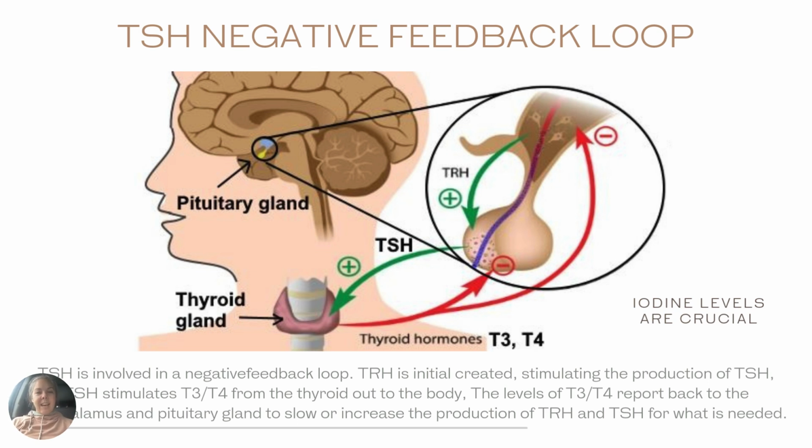It's going to attach to the follicular cells, pass the iodine across, where the T3 or the T4 will be able to bind with those iodine levels, and then they can go on and do what they need to do. As the T3 and T4 are traveling through the bloodstream, they go back and relay the messages to the pituitary gland and the hypothalamus. And then depending on what those levels are, TRH and TSH will either increase or decrease, causing the negative feedback loop.